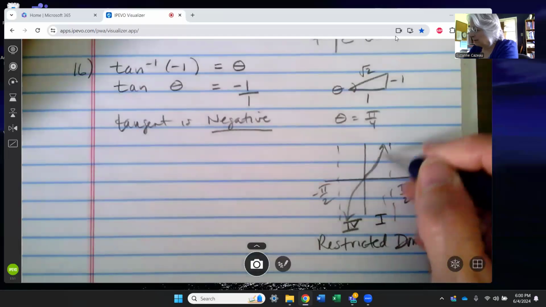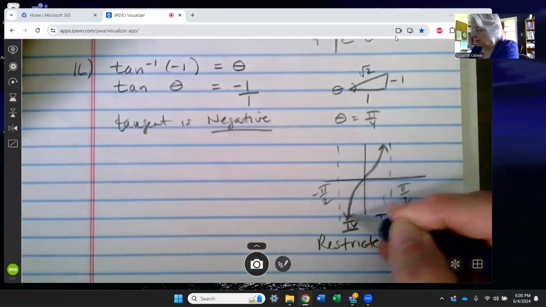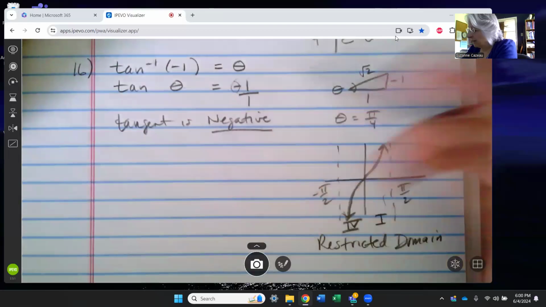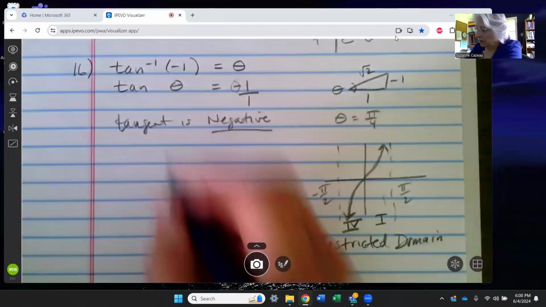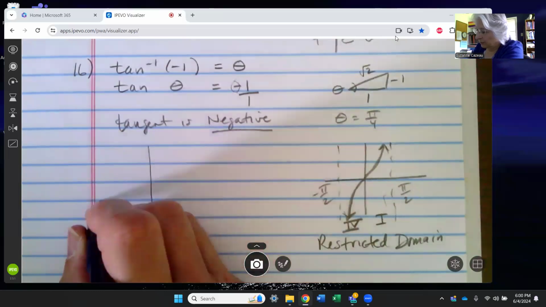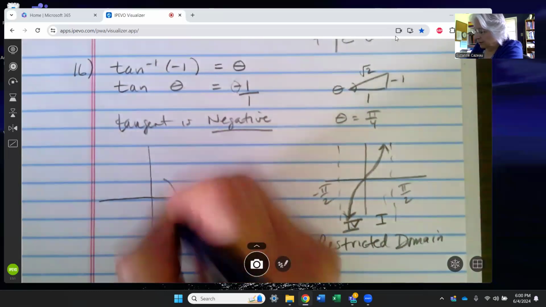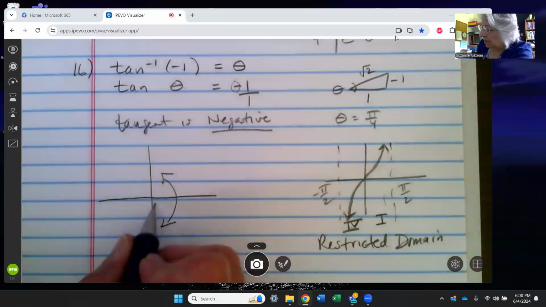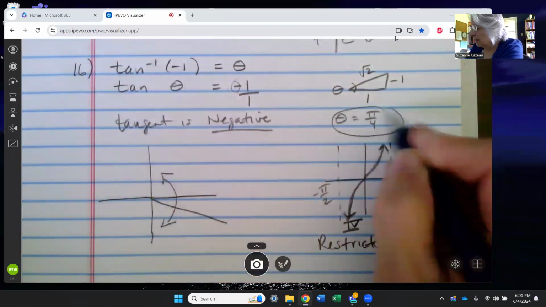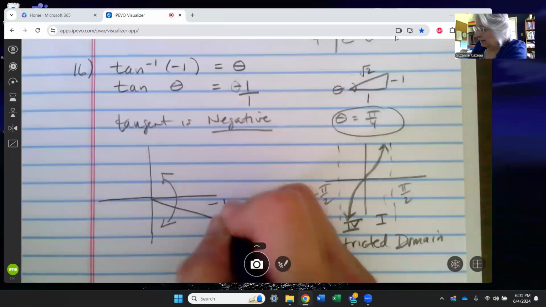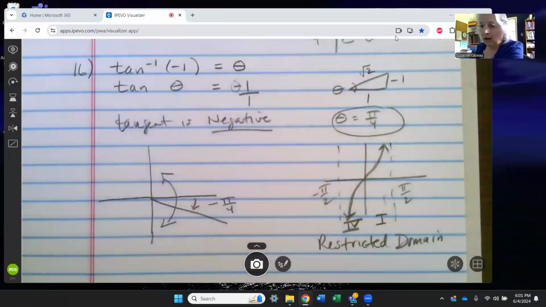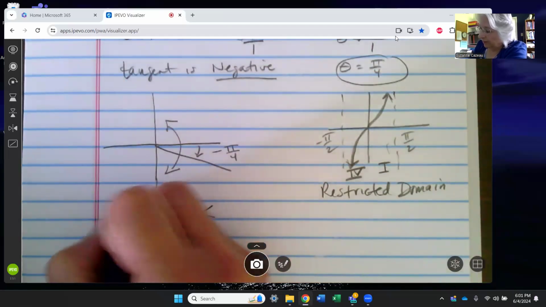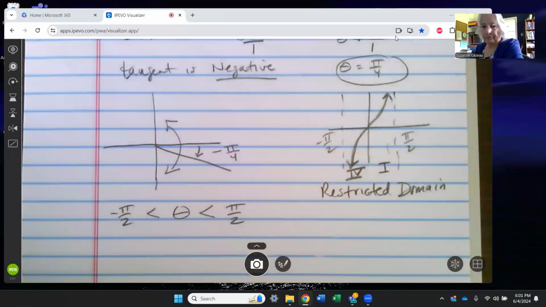Now tangent is positive in quadrant 1 and negative in quadrant 4. And since this is negative here, that means that we have to be in quadrant 4. You can only operate in these 2 quadrants. So that means you have to be here. If you want pi/4, you have to be at -pi/4, because theta has to be in between -pi/2 and pi/2.